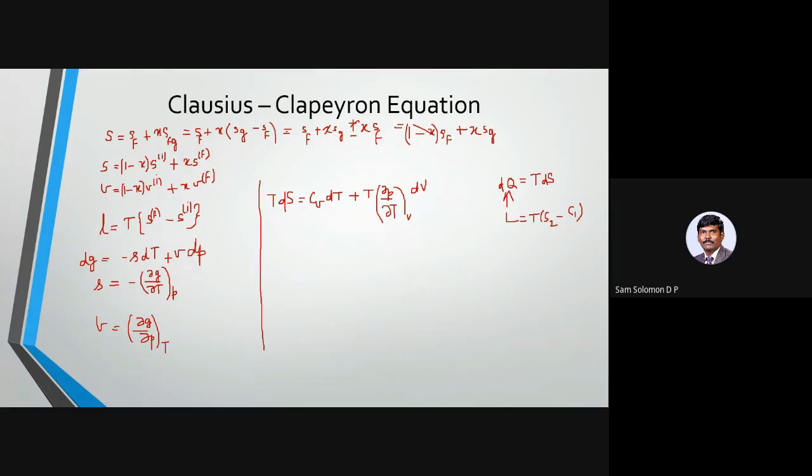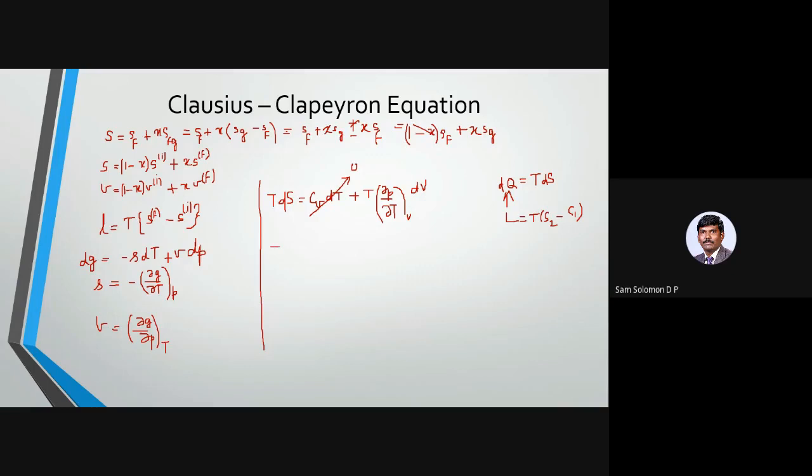So if we consider it as isothermal and isobaric, the moment I say it is isothermal, this term becomes 0.